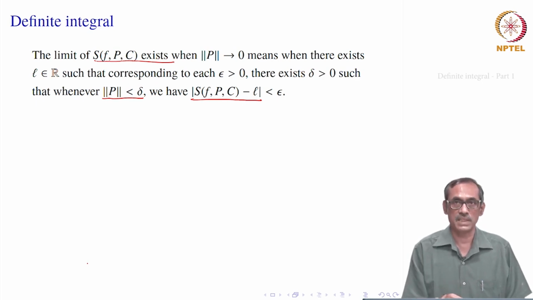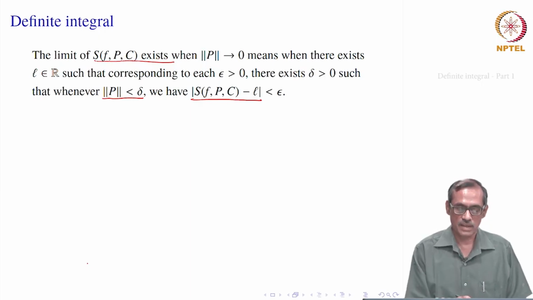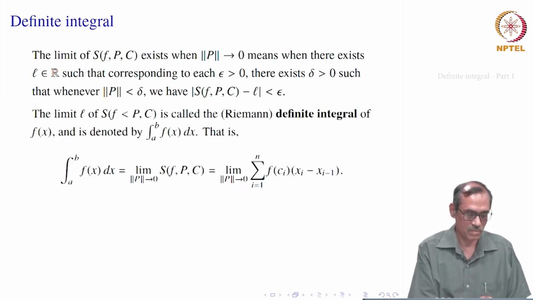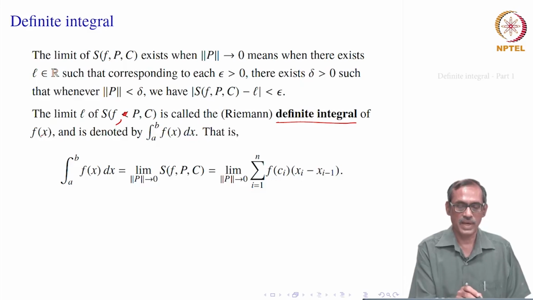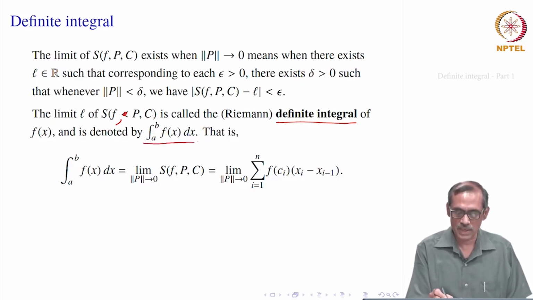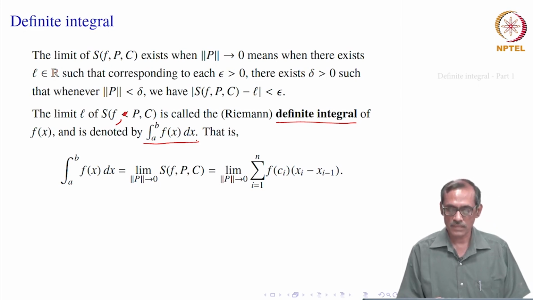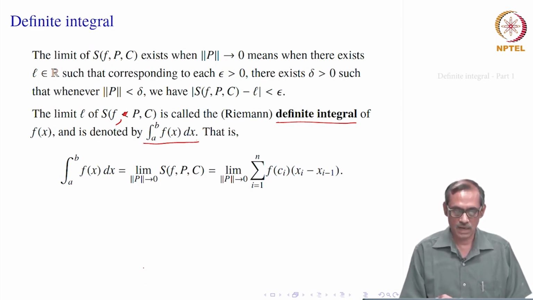If this condition is satisfied, we say that the function f is integrable, and its integral will be that L. We call that limit L the definite integral or Riemann integral of f(x), and we denote it as the integral from a to b of f(x) dx. So, that defines our integral.